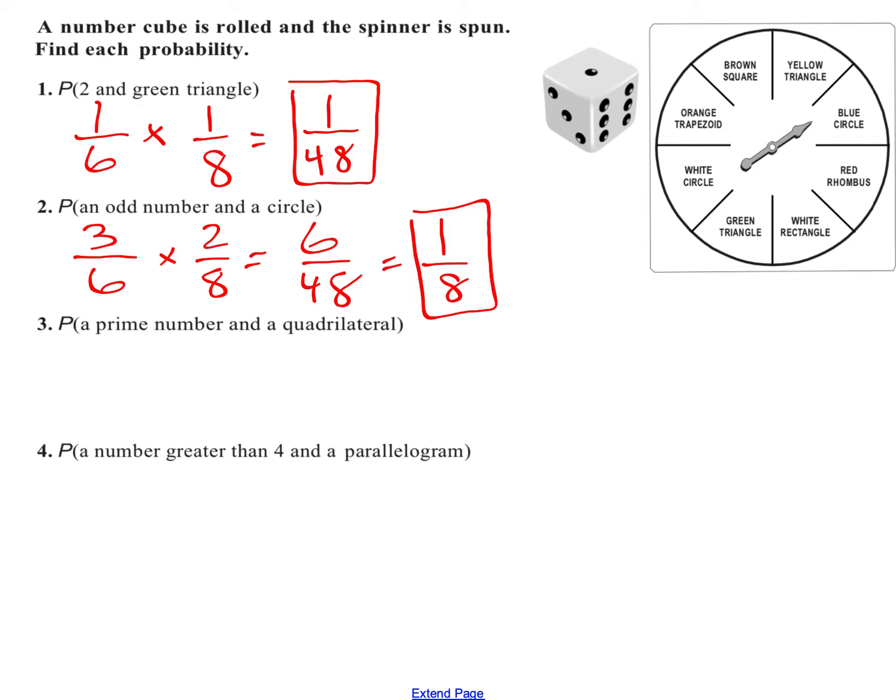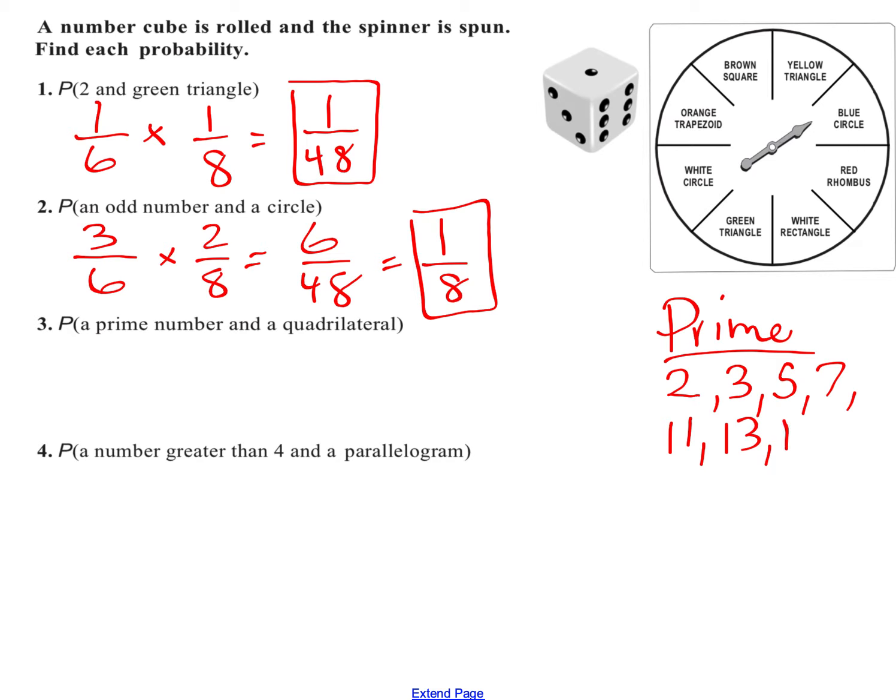All right, number 3. Picking a prime number and a quadrilateral. Okay, you need to know what the prime numbers are. Prime numbers, and you will need to know this on the test, because you'll have a probability of prime numbers. Prime numbers are numbers that cannot be factored. Numbers like 2, 3, 5, 7, 11, 13, 17, 19.